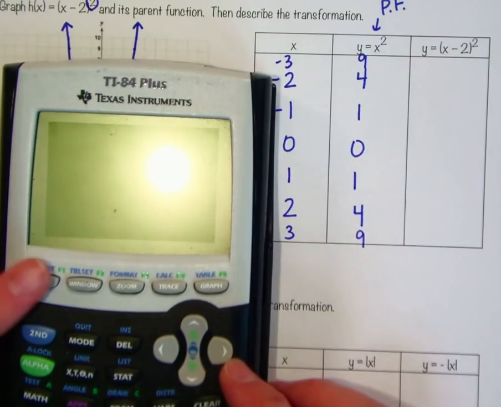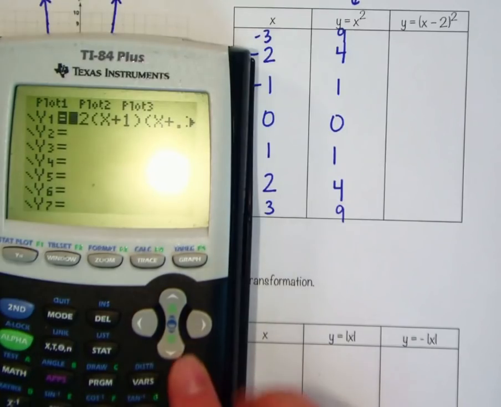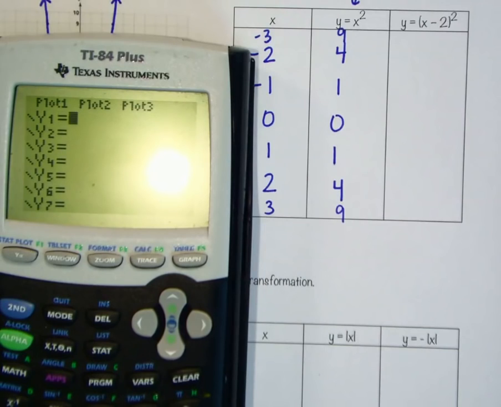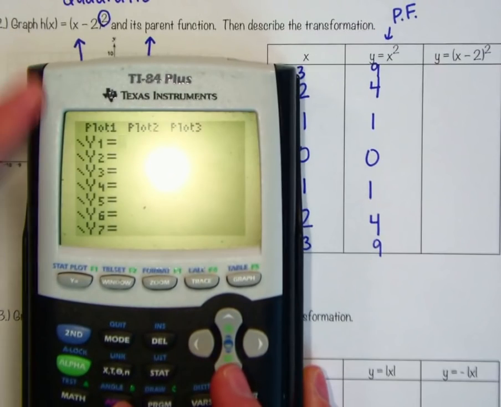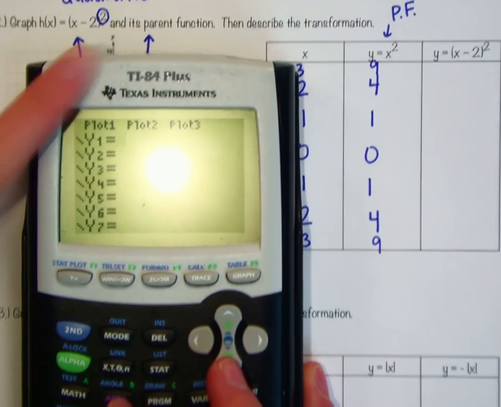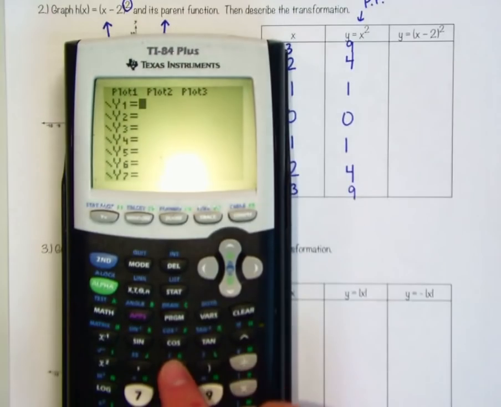So if you go to y equals right now, okay, delete what you have in here by hitting clear. So what we're going to do is type in our transformation. So I'm going to type in parentheses, which are right here.